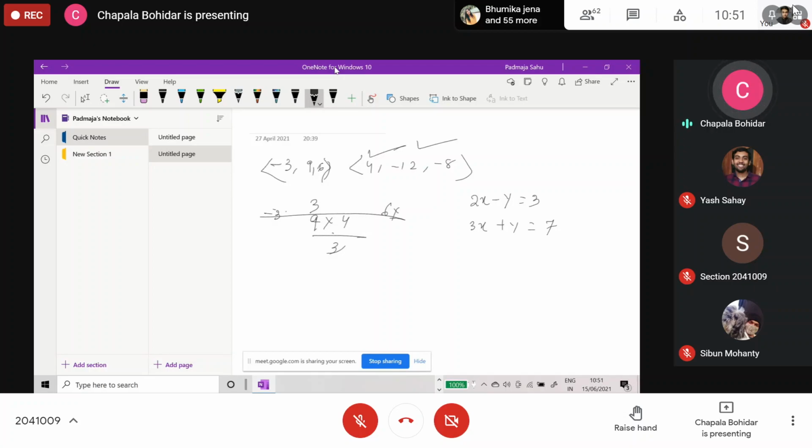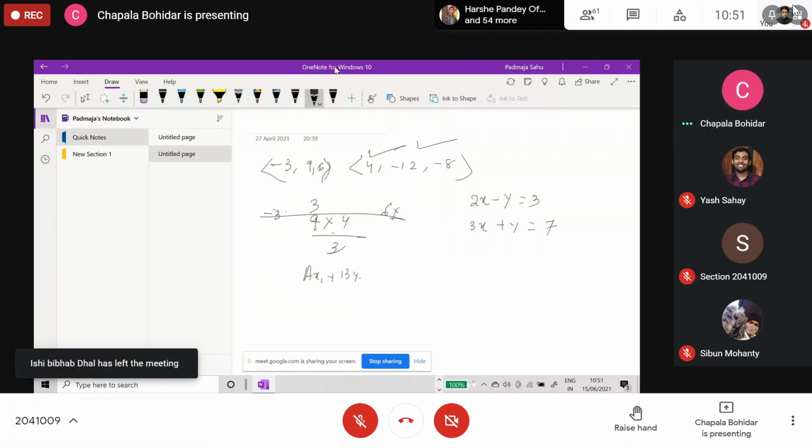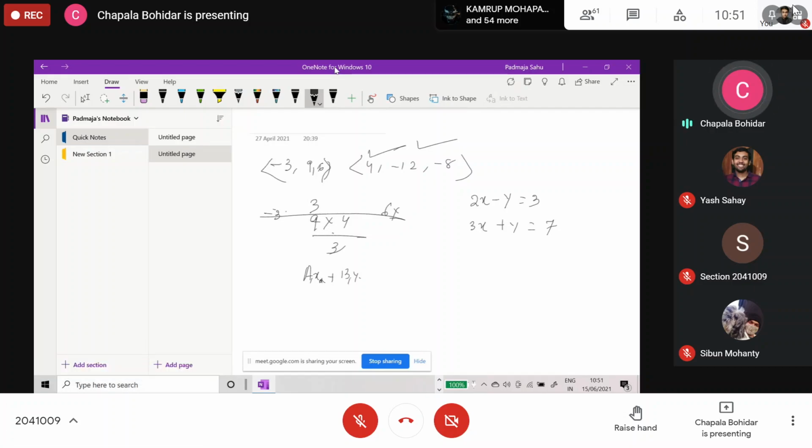So we know that the angle between these two lines, A1X plus B1Y plus C1 is equal to 0, and the other line A2X plus B2Y plus C2 equal to 0, is equal to the angle between the two perpendicular vectors to them.